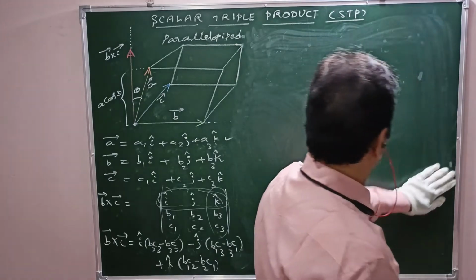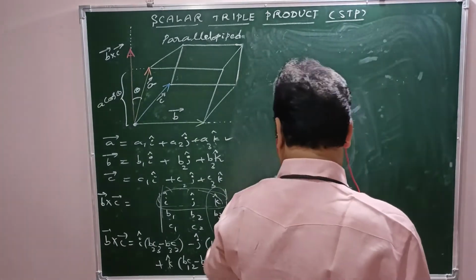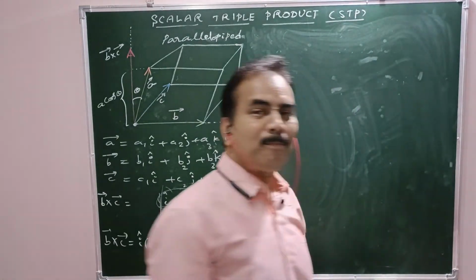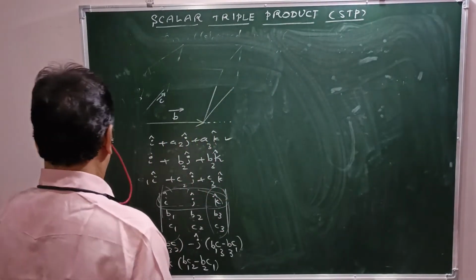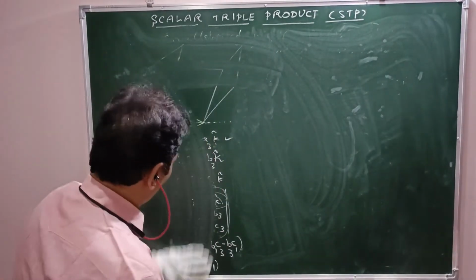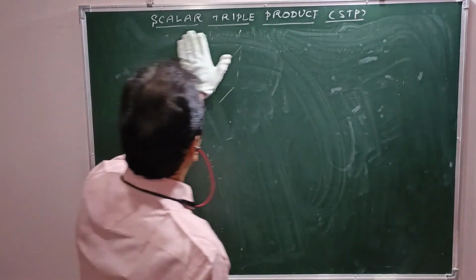Now let us see one more sum, something related to the parallelogram law, not related to the scalar triple product.